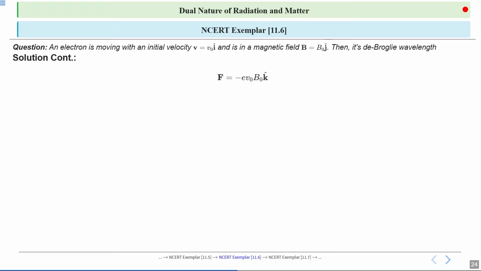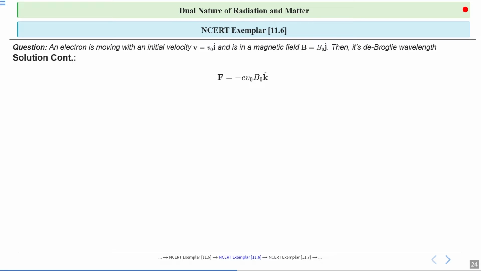So the force on the charged particle in a magnetic field is given by F equal to minus e v naught B naught k cap. v naught and B naught are constants, they will come out of the cross product, and i cross j is k cap.